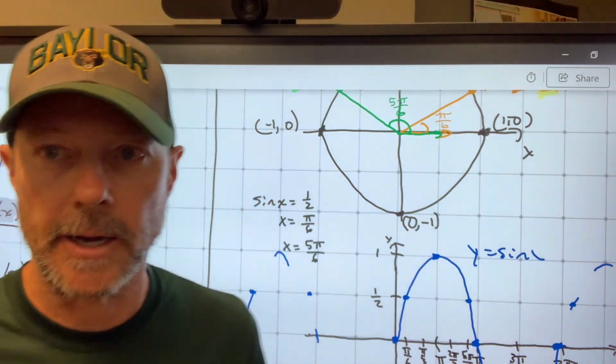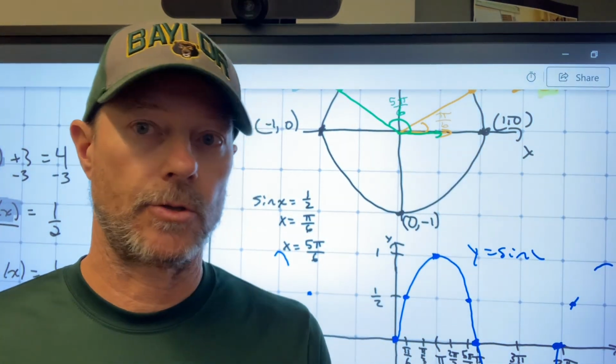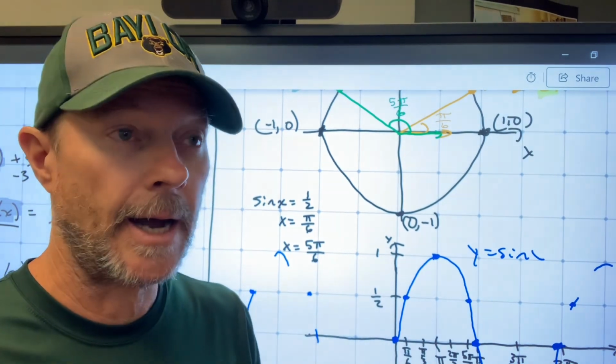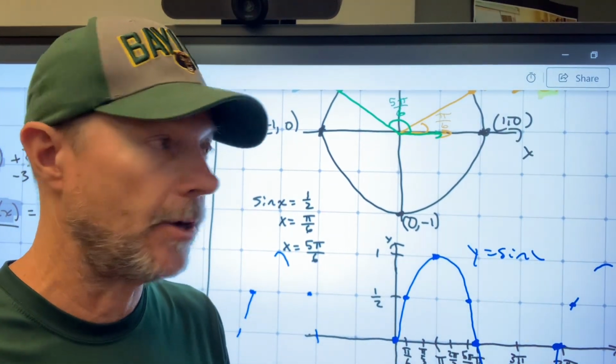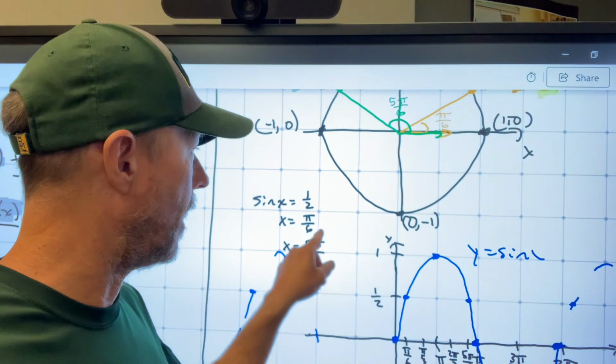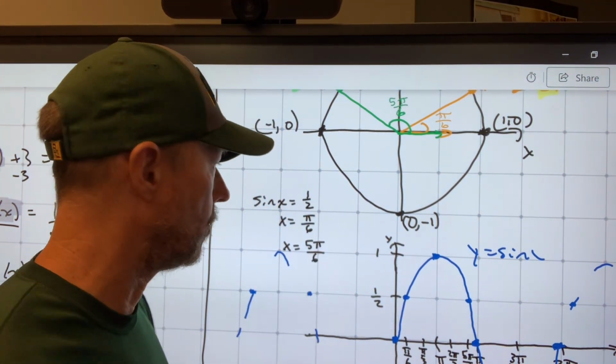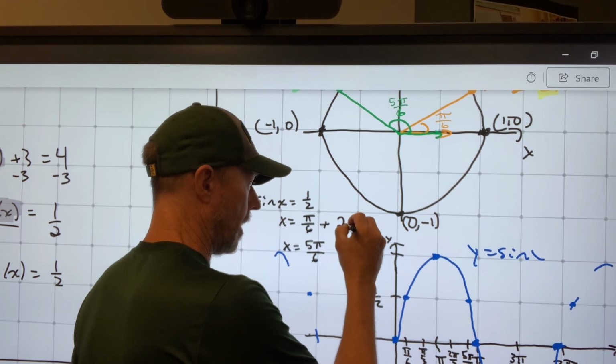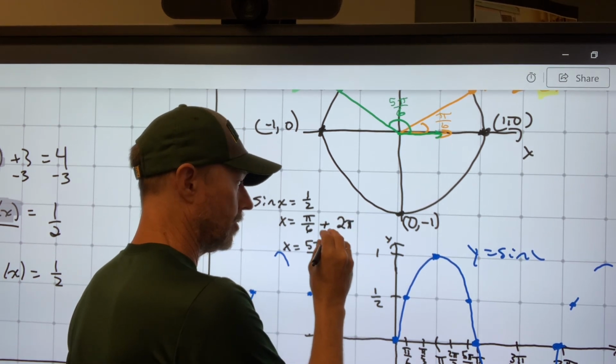Then you recognize that the other solutions are all 2 pi, a full period, removed from either this one or this one. So we say plus 2 pi, and we could do plus or minus here.